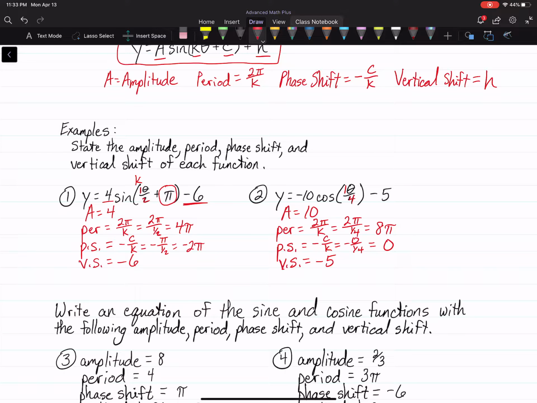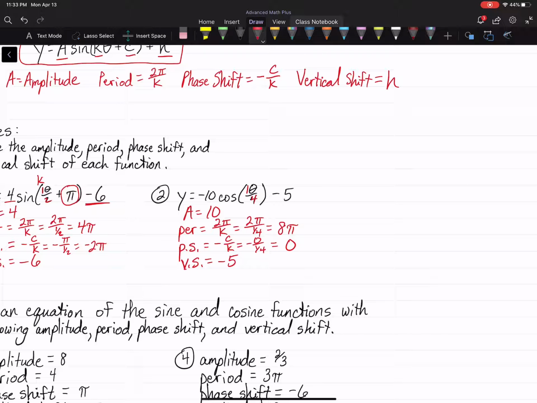So if I were to graph one, I'm just going to graph one just to show you. One period's worth, and I always break them down into fourths. So we're going to 8 pi, so that would be 2 pi, 4 pi, 6 pi, and 8 pi. My amplitude is 10, but my vertical shift is down 5. So I'm going to add a few marks down here to my y-axis.